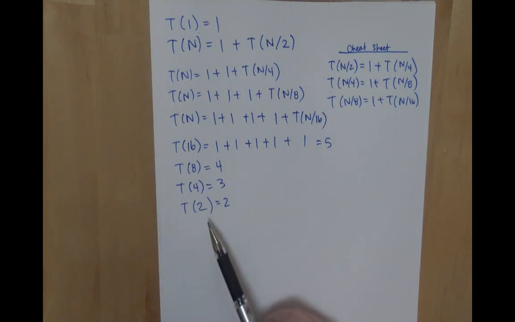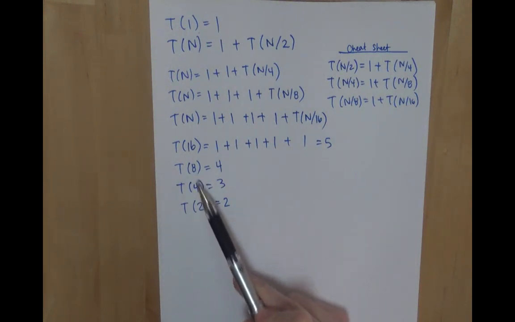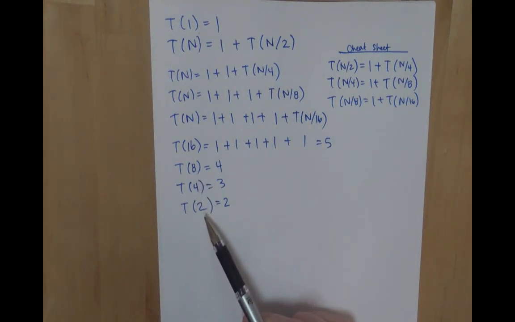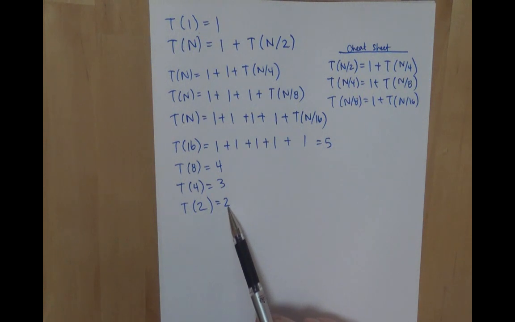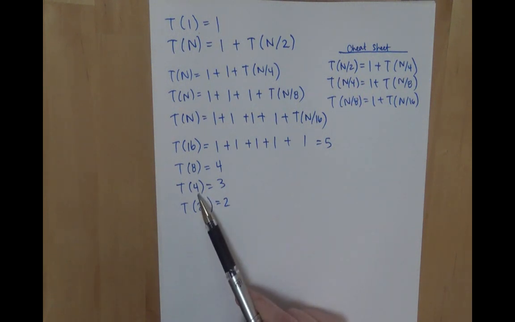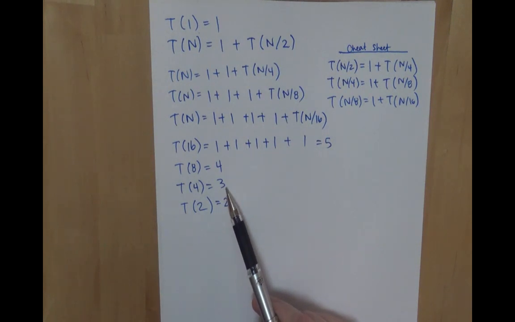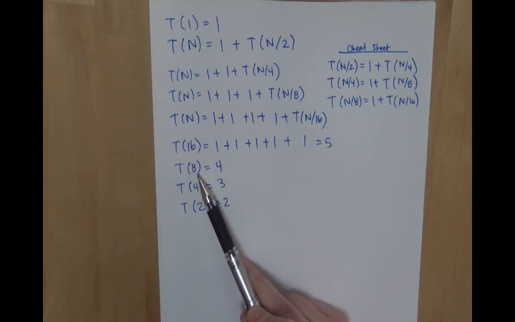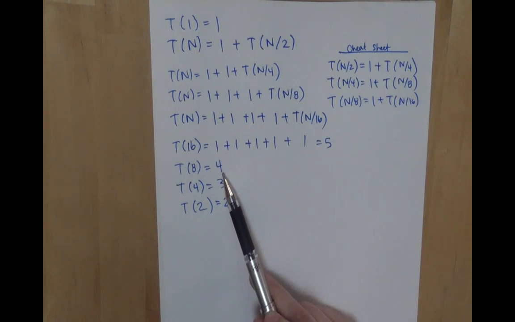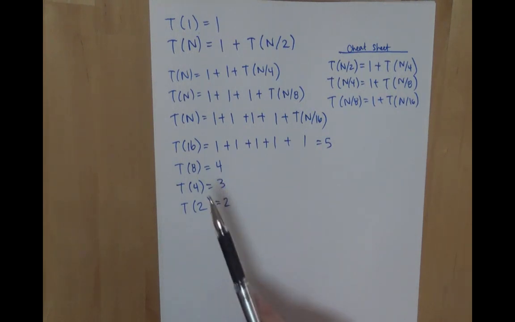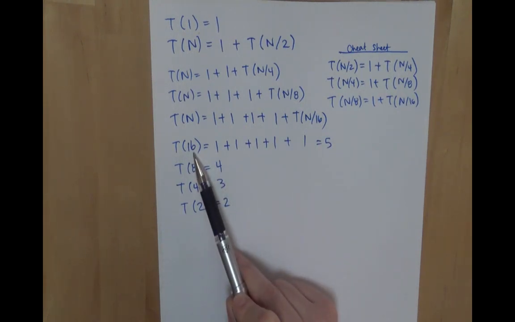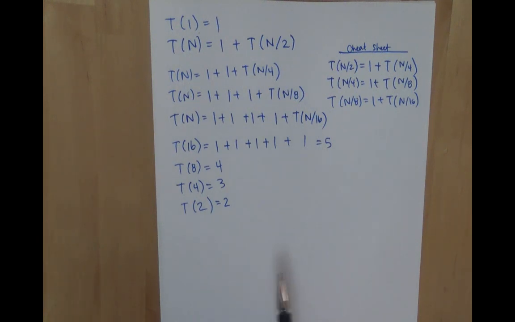We can see again here the n value, if we thought about that in terms of a balanced binary search tree: if there are 2 nodes in my row, that means there are 2 rows of nodes. If there are 4 nodes in my row, that means there are 3 rows of nodes. If there are 8 nodes in my row, that means there are 4 rows of nodes. If there are 16 nodes in my row, that means there are 5 rows of nodes.